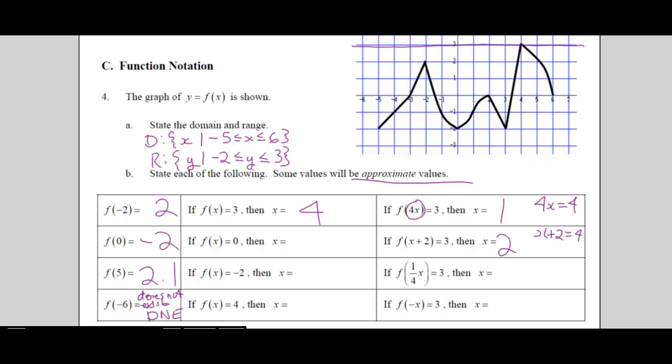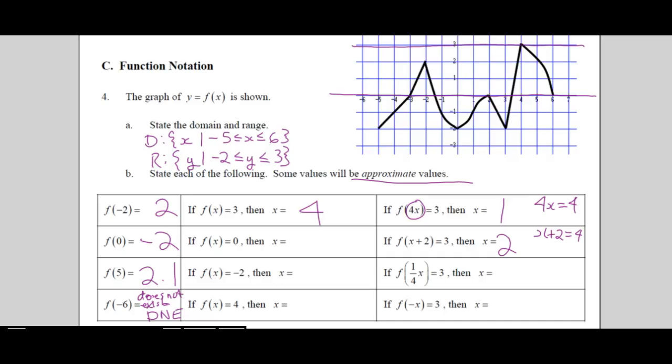Well, let's see what else we do there. Let's do this one. If f of x is equal to 0, then what's x? So what you do is you say, all right, I need y to equal 0. Where does that happen? It happens along this line. So if y is 0, what's x? Negative 3. What's x?